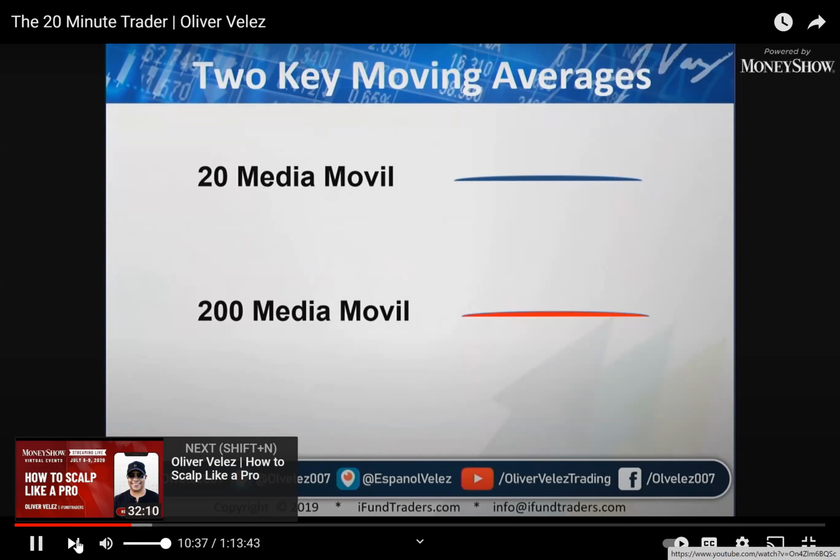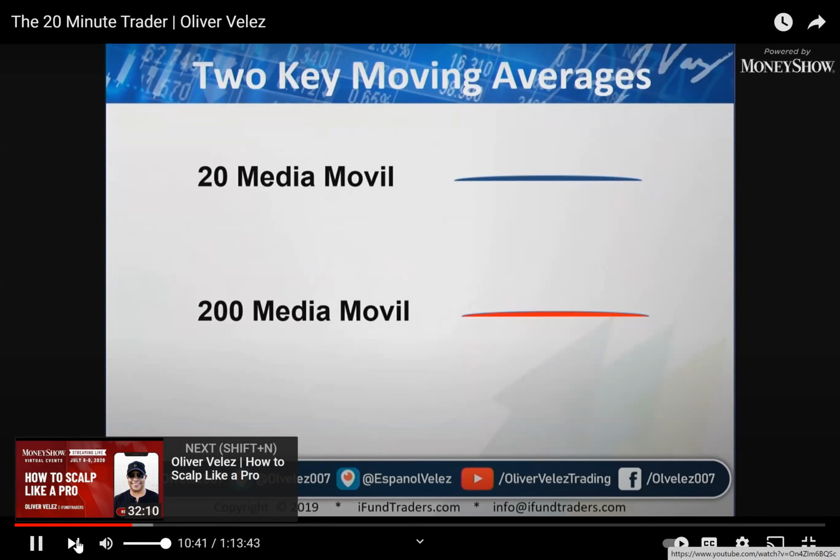Moving average systems, you always want to use a short one in conjunction with a long one. Okay. Now, I've superimposed the 20-period moving average and the 200 on that same chart of Facebook. Take a look. The one sloping downward is the 20. The one sort of flattish is the 200-period moving average.